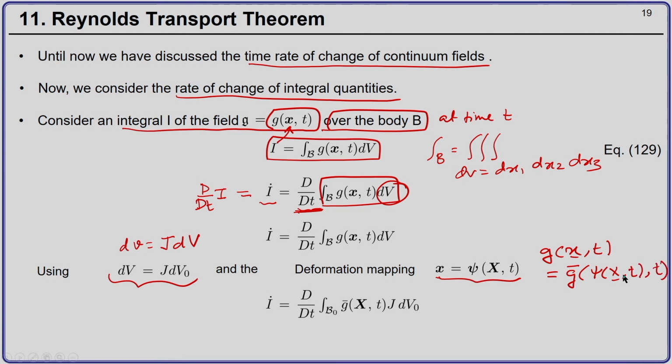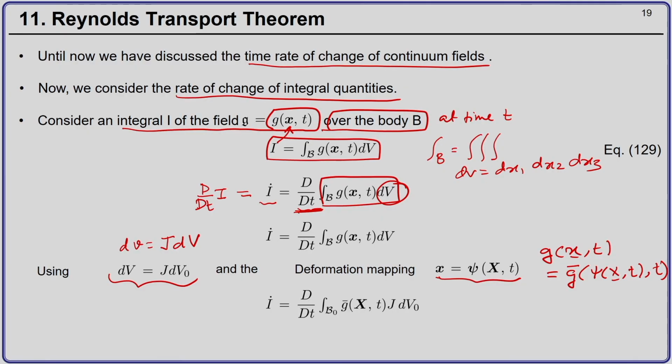Okay. So, G and G bar are the same function, but one is expressed in the material coordinates, the other is expressed in the spatial coordinates. Okay. So, if I substitute dV here and if I use this here, I have transformed the integral over the current volume to the integral over the reference volume, or the material volume.